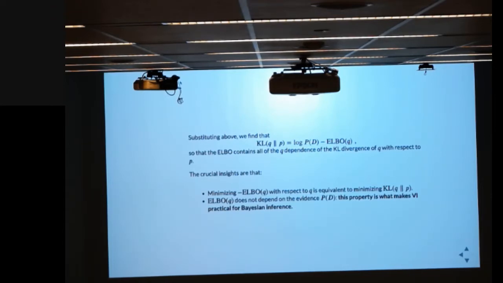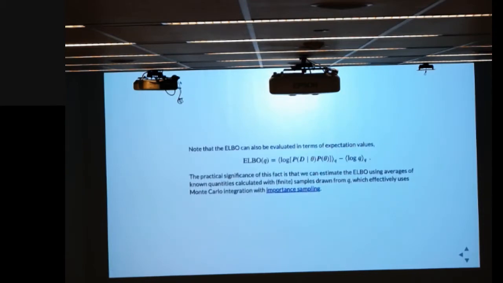So hopefully that answers the questions we had earlier, like, oh, I don't know P. But you don't need to know P. You just need to know the things that go into the ELBO, which are the likelihood and the prior. If you don't know how to calculate the likelihood and the prior, you haven't really defined the problem yet. And then crucially, for practical work, you can evaluate the ELBO by writing it in this expectation form.